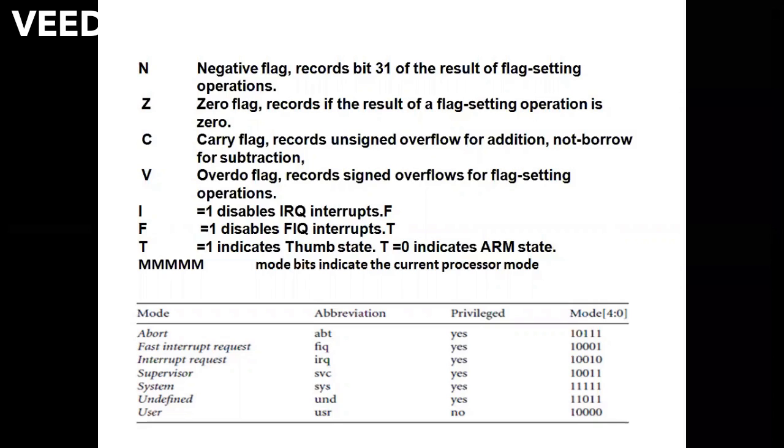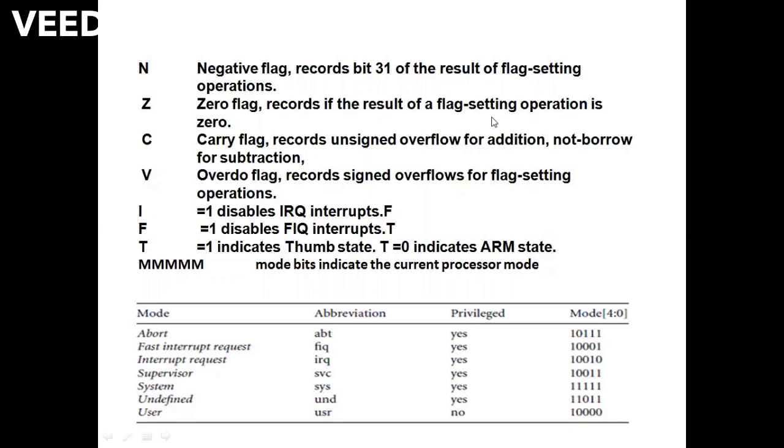So this is all about the different modes of the ARM processor and the conditions under which the ARM processor will switch to these different modes. Have you understood these mode concepts? I'll just review by asking some questions.